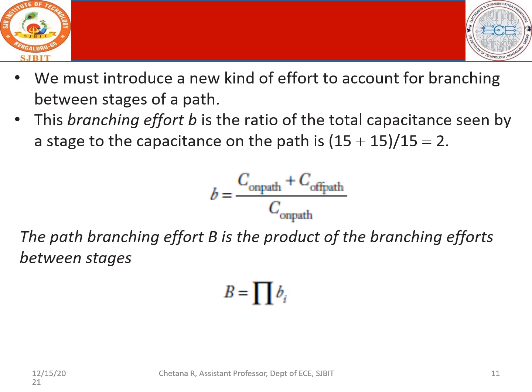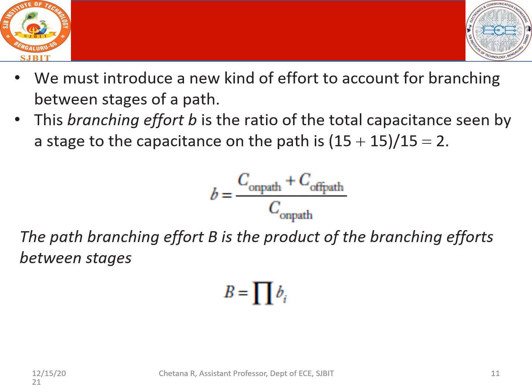Just now we have seen how the effort has to be calculated for branching. So we now have a topic related to that, which is defined here. We must introduce a new kind of effort to account for branching between stages of a path. Crudely it was calculated, but now we have a logical statement which tells how the branching effort, indicated as B, is calculated. The branching effort is the ratio of the total capacitance seen by a stage to the capacitance on the path.